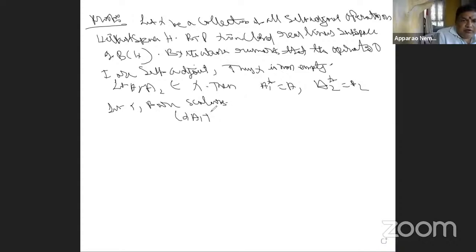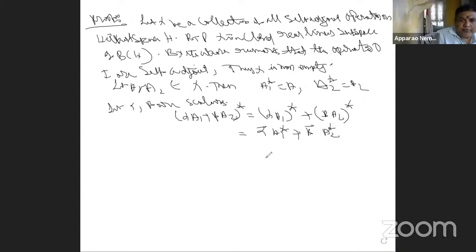Then we have (alpha A1 plus beta A2) star equals alpha bar A1 star plus beta bar A2 star, which equals alpha A1 plus beta A2, since A1 and A2 are self-adjoint.